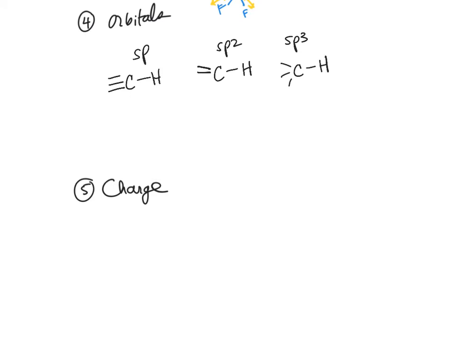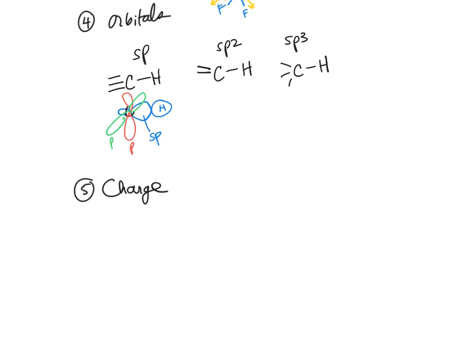And think about the size of the orbitals in this case. In the case of sp, we have a carbon atom that has an sp orbital that's bound to hydrogen, and we also have a p orbital and another p orbital that are used to create those triple bonds.